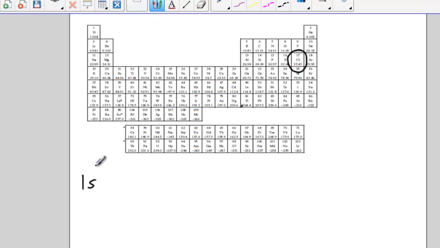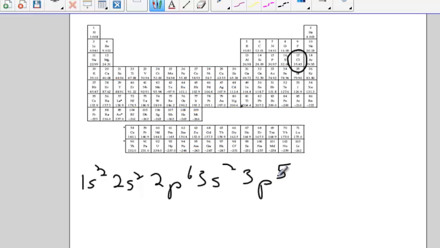So it's 1s2, 2s2, 2p6, 3s2, 3p5. Let me add that up. 2 plus 2 is 4, 4 plus 6 is 10, 10 plus 2 is 12, 12 plus 5 is 17. Chlorine's number 17. That's how I've been doing it so fast all this time, because I don't need the mnemonic. I look at the periodic table and I can tell you what the electron configuration is.